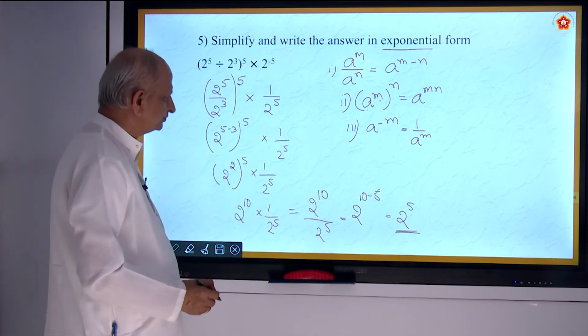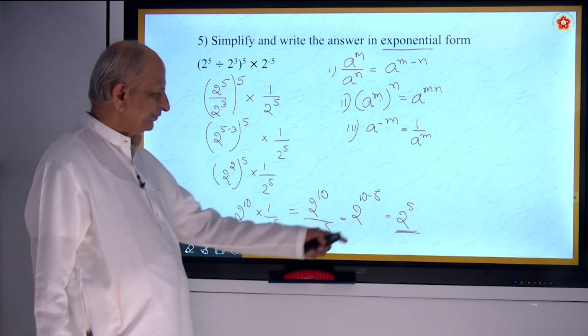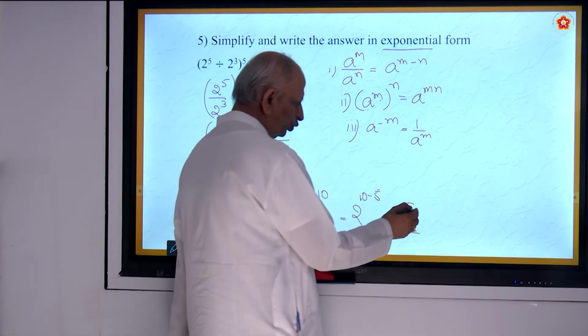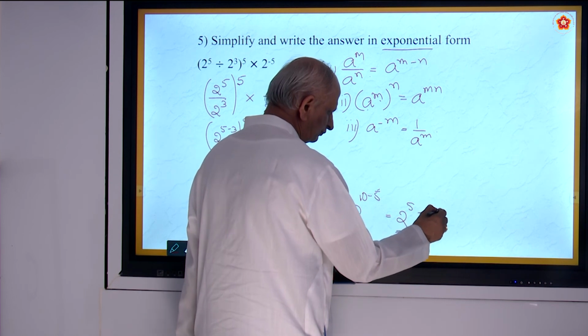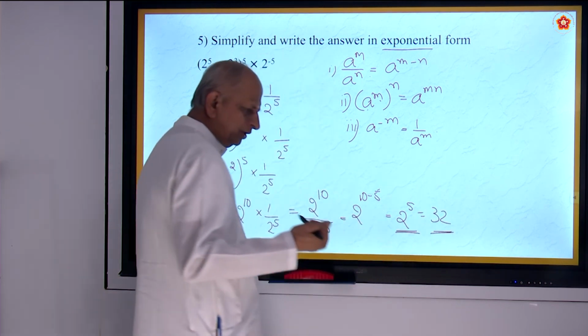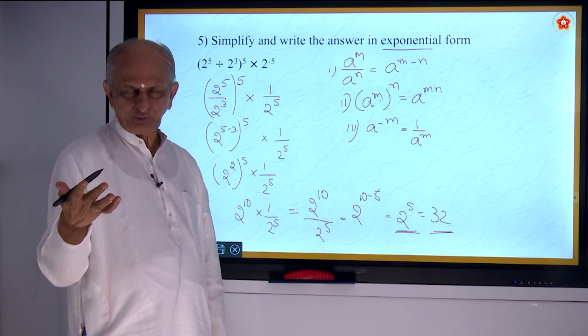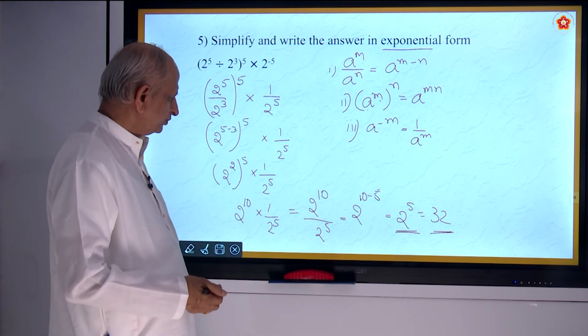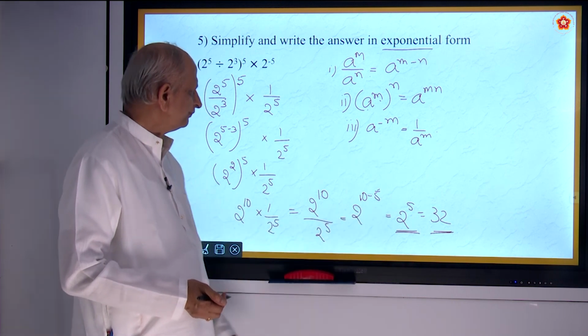That is the answer. So simple, short and sweet, and its value is 2 multiplied by 5 times. It will be 32. 2, 4, 8, 16, 32. 2 to the power of 5 is 2 into 2 into 2 into 2, 5 times, it becomes 32.